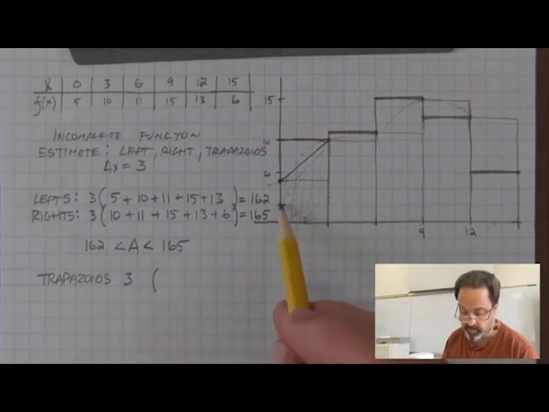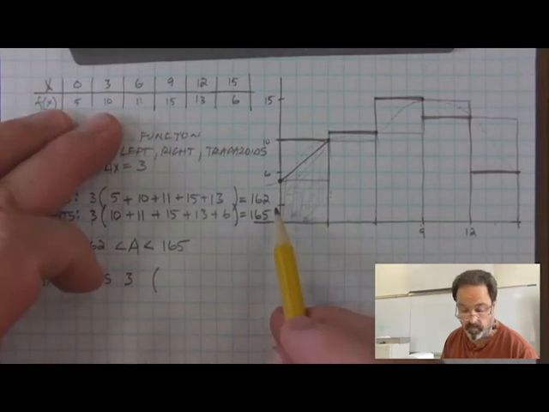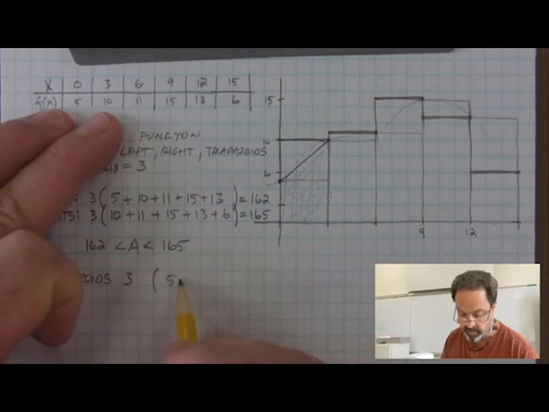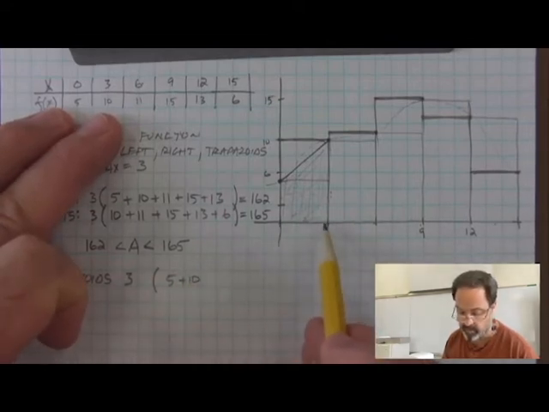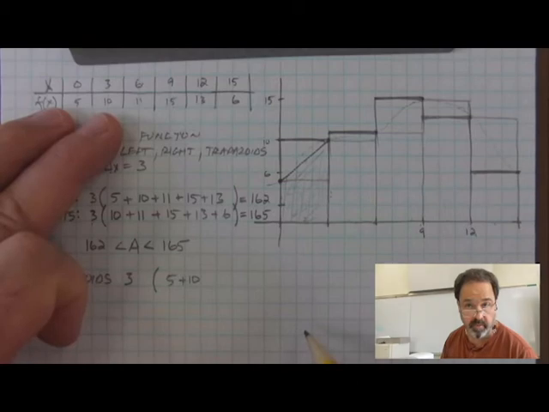Well, the bases of the first trapezoid are going to be the first two function values, and we add them together, 5 and 10. But to average them, after I add them together, I have to divide by 2 or multiply by 1/2.